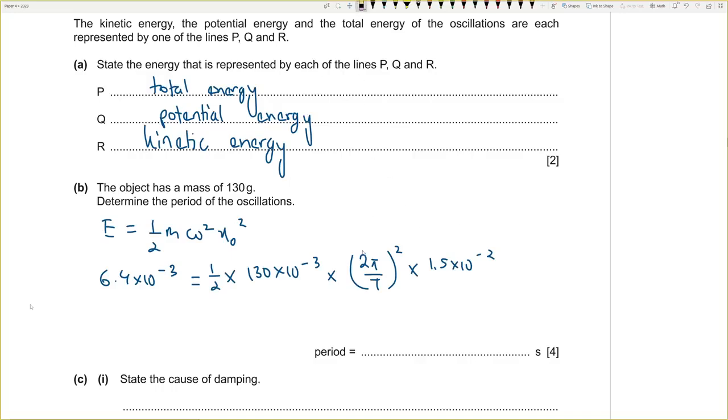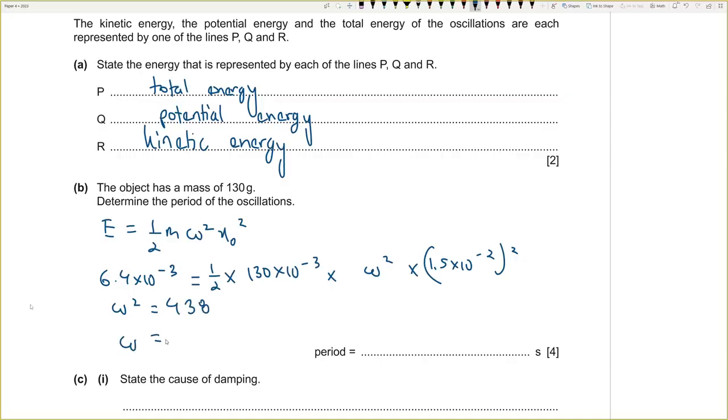So let's solve this. They actually kept omega square as omega square initially. So 6.4 times 10 to the power minus 3 into 2 divided by 0.130 divided by 1.5 into 10 to the power minus 2, whole square. So omega square is actually equal to 438 to 3SF.